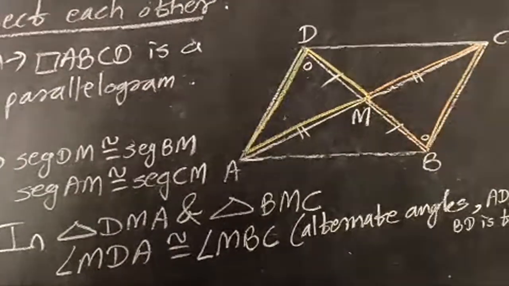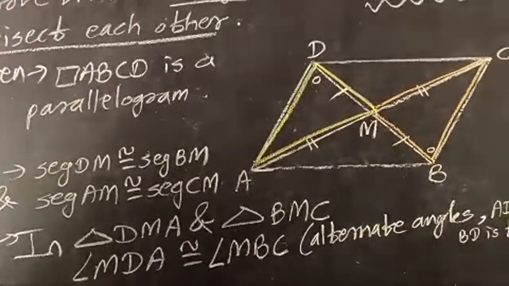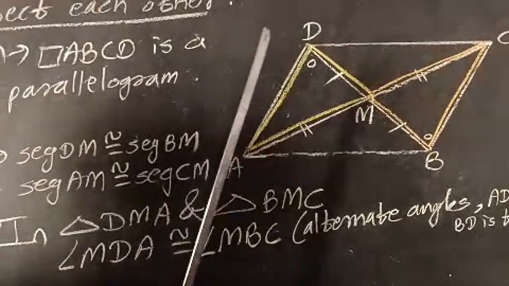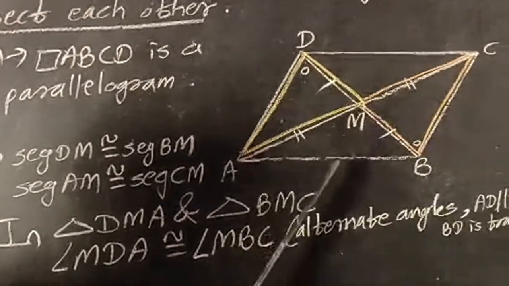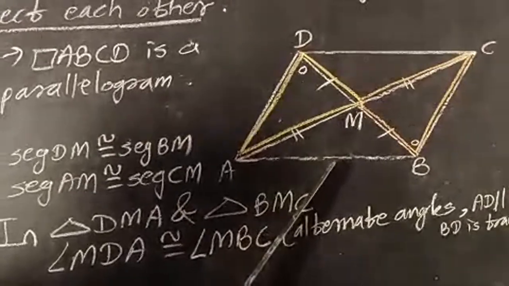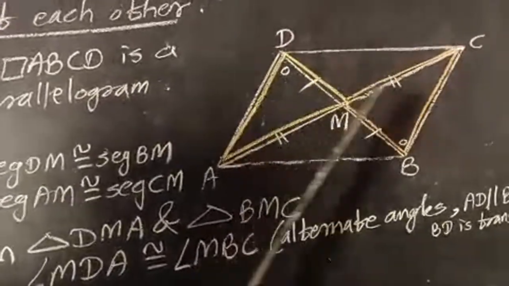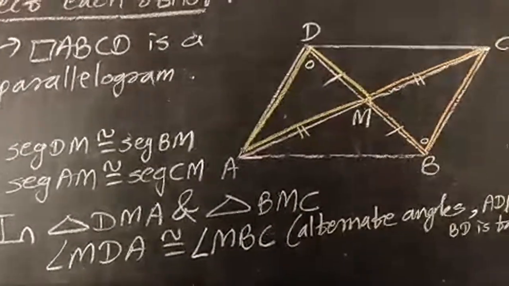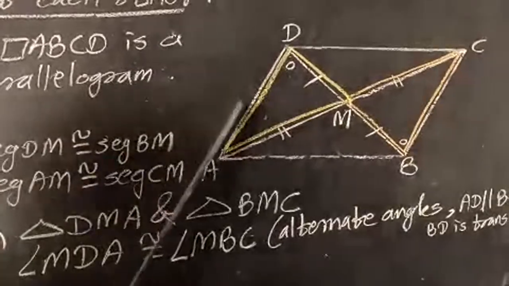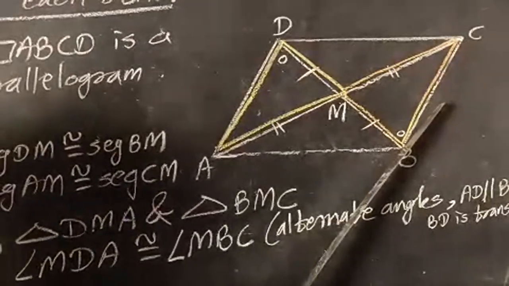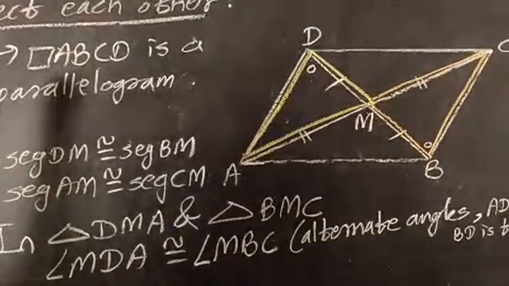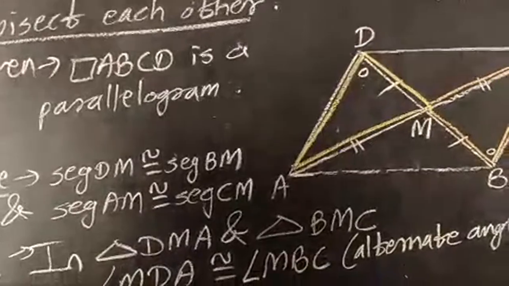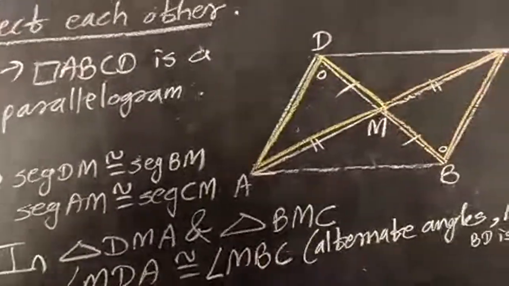Side DC congruent to AB. This is also wrong because we consider only these two triangles. Next. Side AB, side DC. Why? Where is the given? AD and BC are congruent. That is correct, but the reason is wrong.